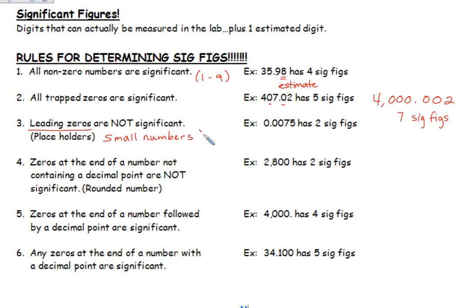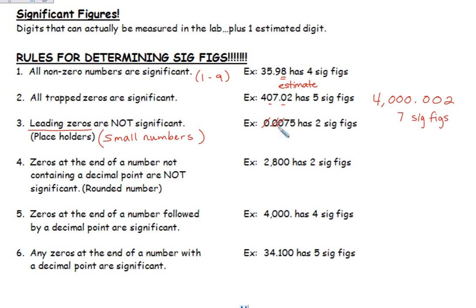If they start with a bunch of zeros, like 0.00000, whatever it is, this is really small. Whatever it is, I didn't have anything to physically measure in the ones place, or the tenths, or the hundredths. We didn't make a measurement until the 0.007, and then the 5 was the estimate.